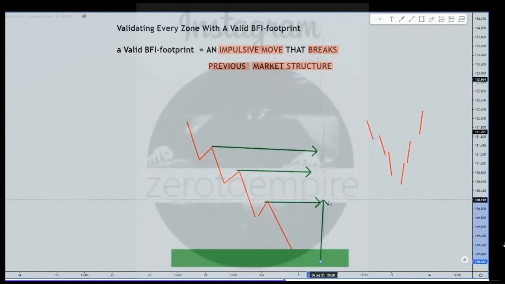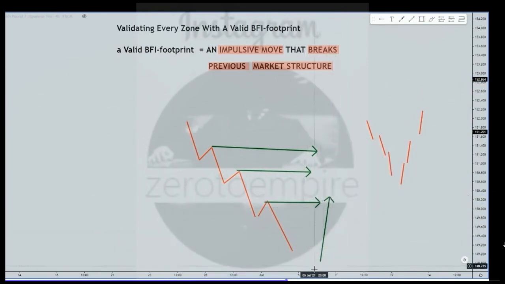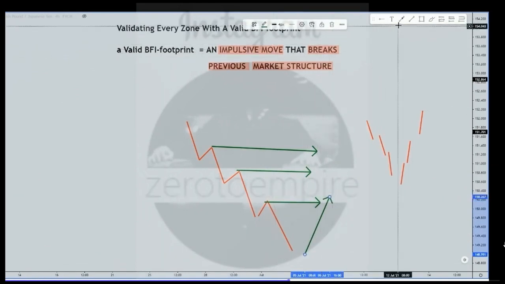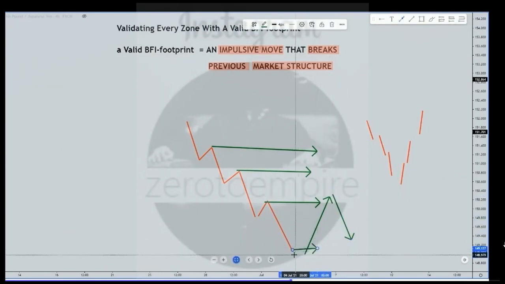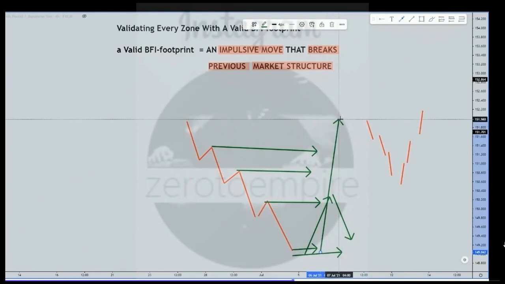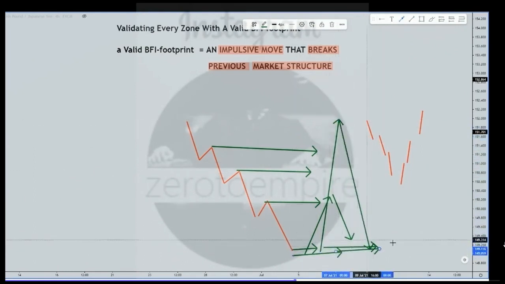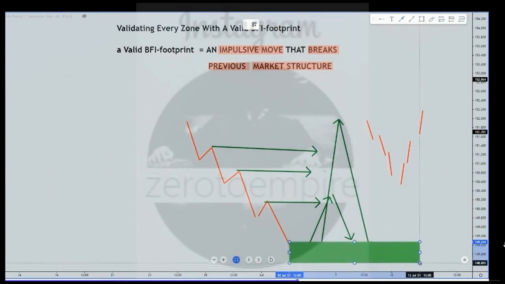The point is, if it breaks one footprint or one previous swing point, if this breaks only one previous swing point and then returns, very weak zone. If it breaks multiple and then comes back, very strong zone, although it's the same price levels.